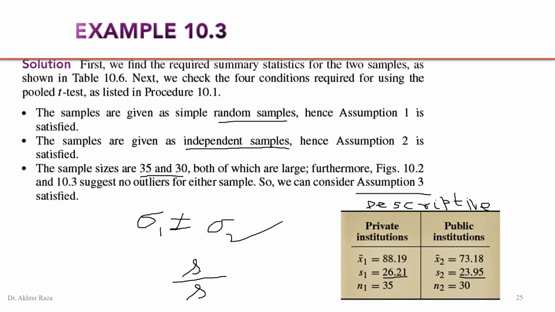Which goes in the numerator and which in the denominator? There is only one criterion: the larger standard deviation goes in the numerator and the smaller in the denominator. The larger is 26.21 and the smaller is 23.95.